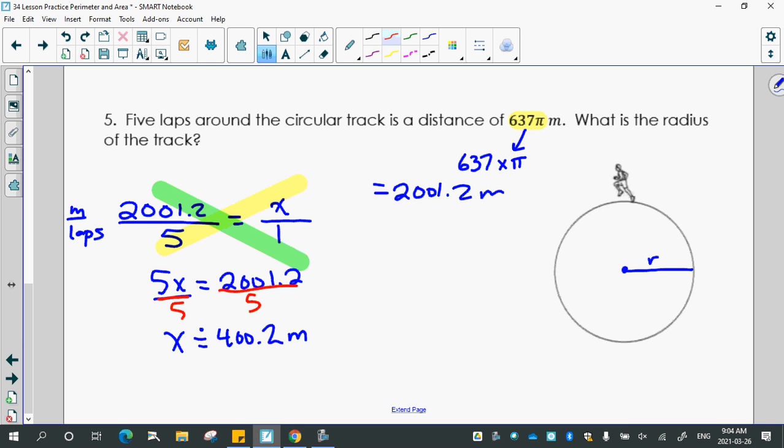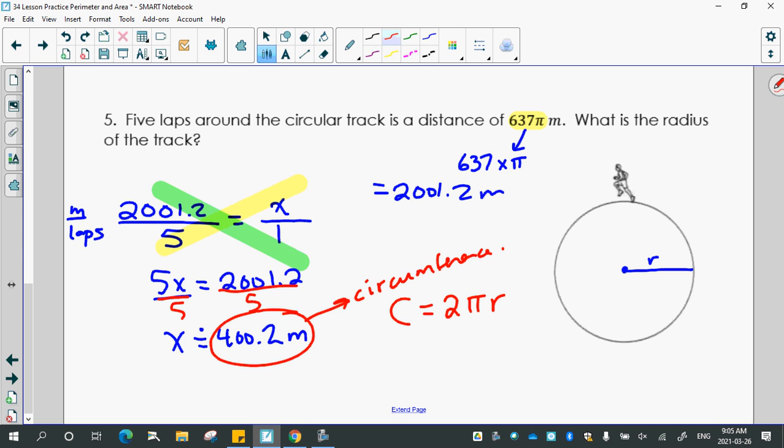How does that help us out? So that's 1 lap. How does that help us getting the radius? That's the circumference. This is the circumference. So do we have a formula that circumference is? Yeah, 2 pi r. Does everyone see that one on your page?